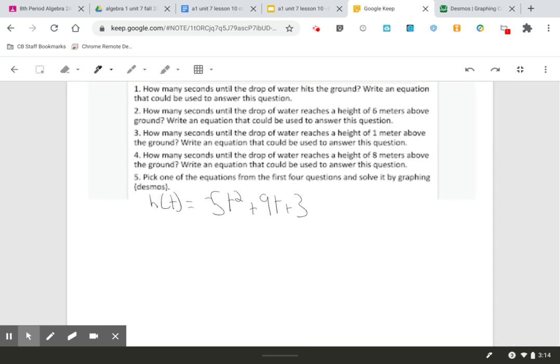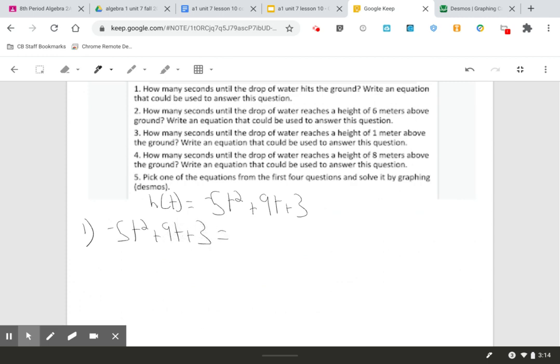Okay, how many seconds until the drop of water hits the ground? Write an equation that can be used to answer this question. So the good way of thinking about it is, what do I have to set this equation equal to? So negative 5t squared plus 9t plus 3.